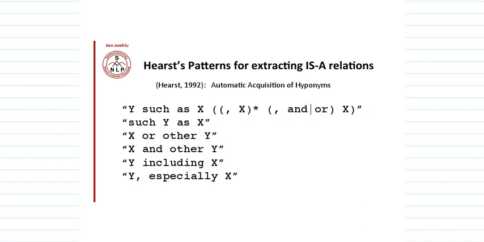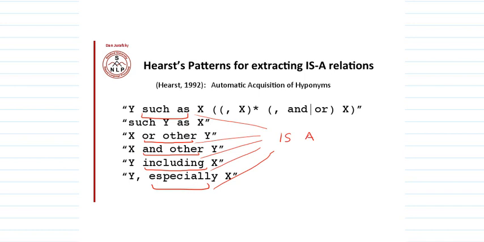So we can identify a large number of such patterns with the help of these phrases like such as, and other, or other, including, especially. These are all actually providing an is-a relationship.